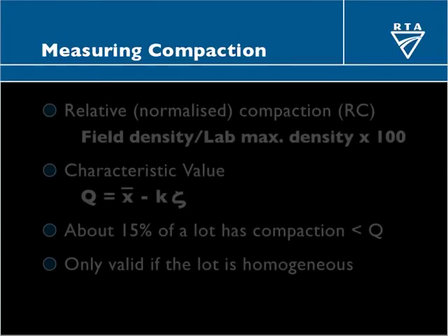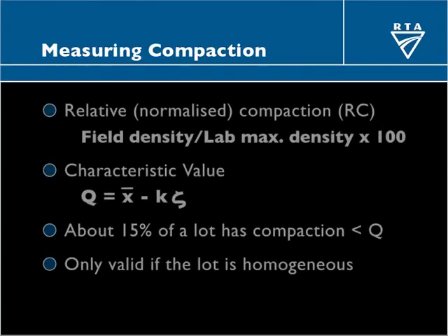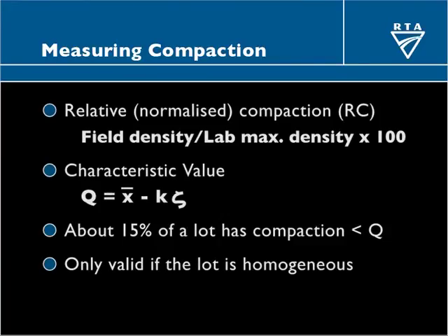Now, measuring compaction, I've talked about normalised compaction in a previous slide. We'd normally refer to it as relative compaction, and it's really just the field density divided by the laboratory maximum density as a percentage, so multiplied by 100. It can be done either wet or dry, that is with or without taking the moisture content into account, as long as it's done consistently.